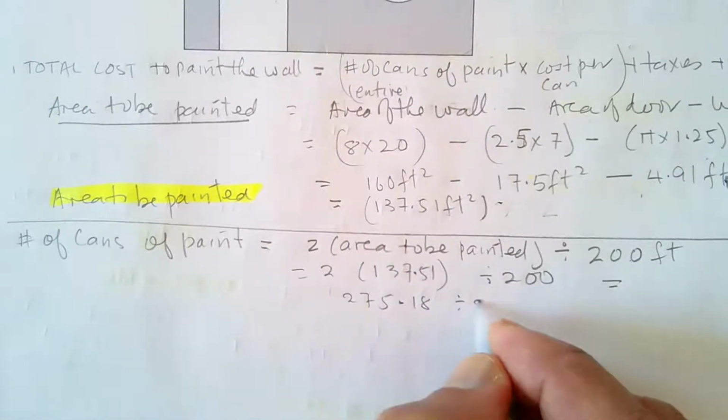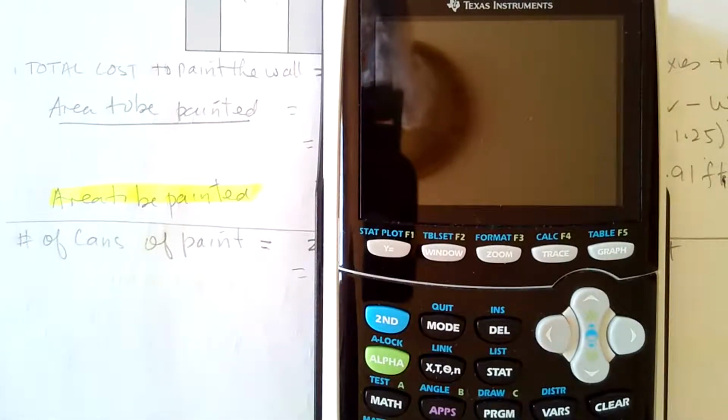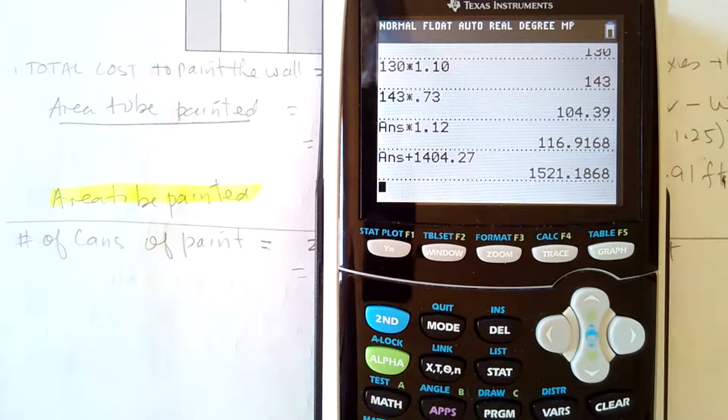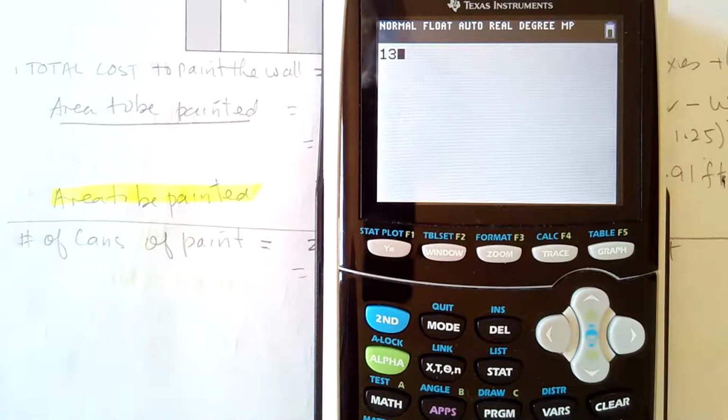Let me double check the work here. That's 2 times 137.51. Let's do this again. 137.51 multiplied by 2.